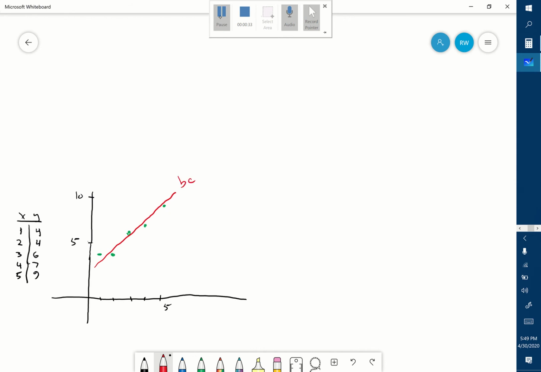It's a best fit equation for the data points, so that we can actually create a linear model for the data, and it's done all the time.